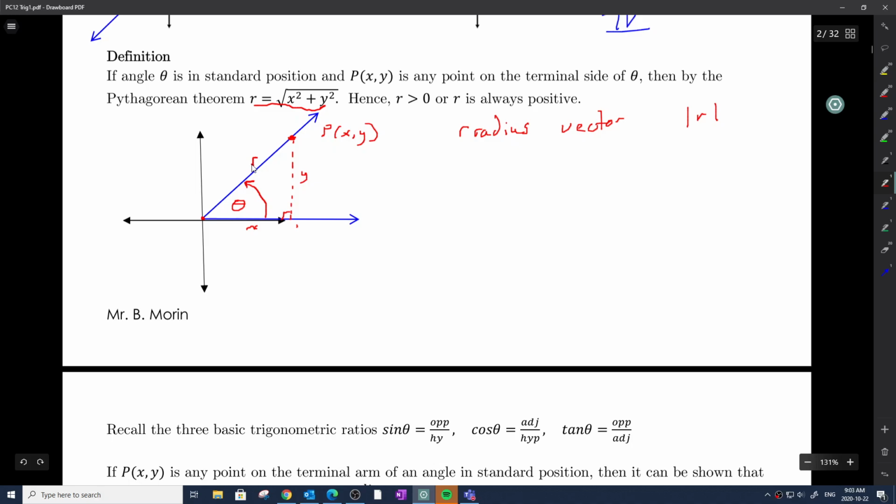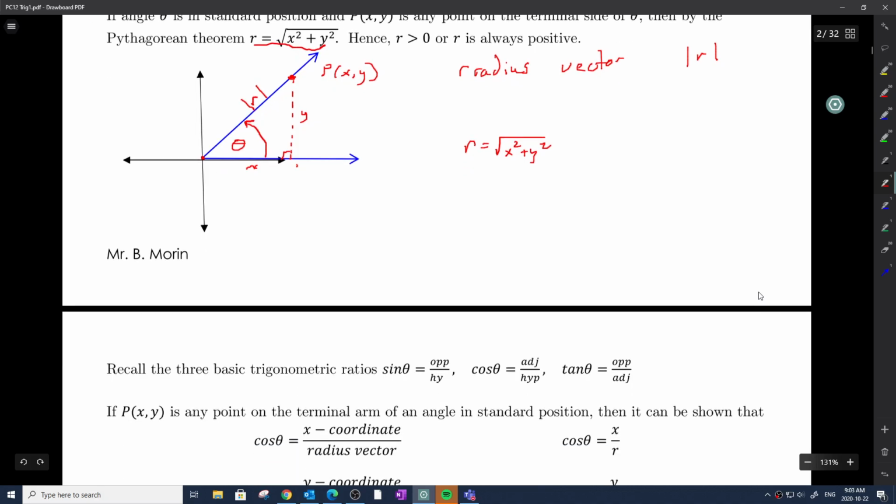The radius vector is the distance from the origin to that point. In other words, it's just the length of the hypotenuse, but we call it the radius vector now. And the radius vector is equal to the square root of x squared plus y squared. That's just a definition.